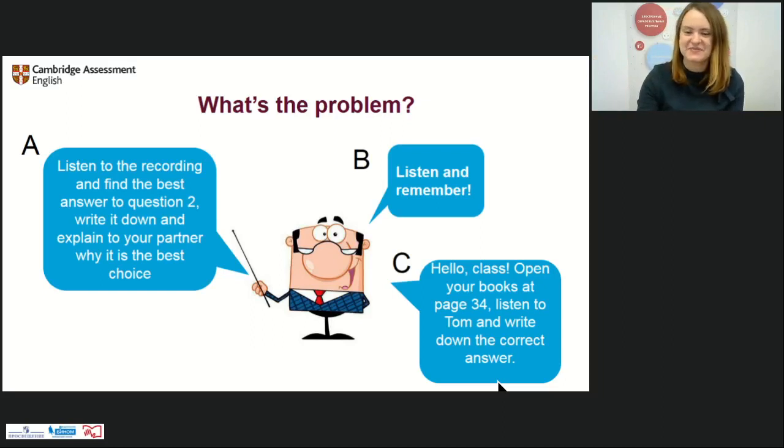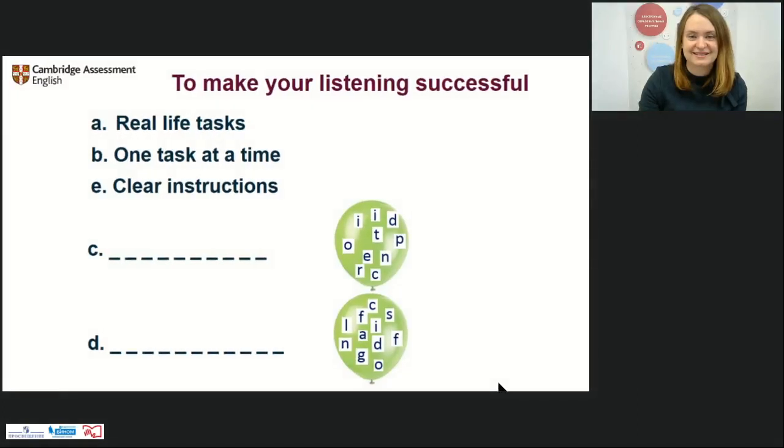Well done, thank you. Okay, let's have a look at some qualities that a good instruction and a good listening lesson should have. They're kids. They probably know nothing about rocket science or nuclear physics. The only things they know are toys, some books, stories, parents.